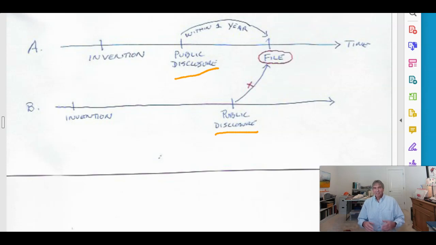And the answer is no. A is still okay. Once A discloses, he retains his 1 year grace period even if others disclose in the interim before he files. That's why I marked B's disclosure with an X here in Figure 5, indicating that it does not serve to invalidate A's patent.